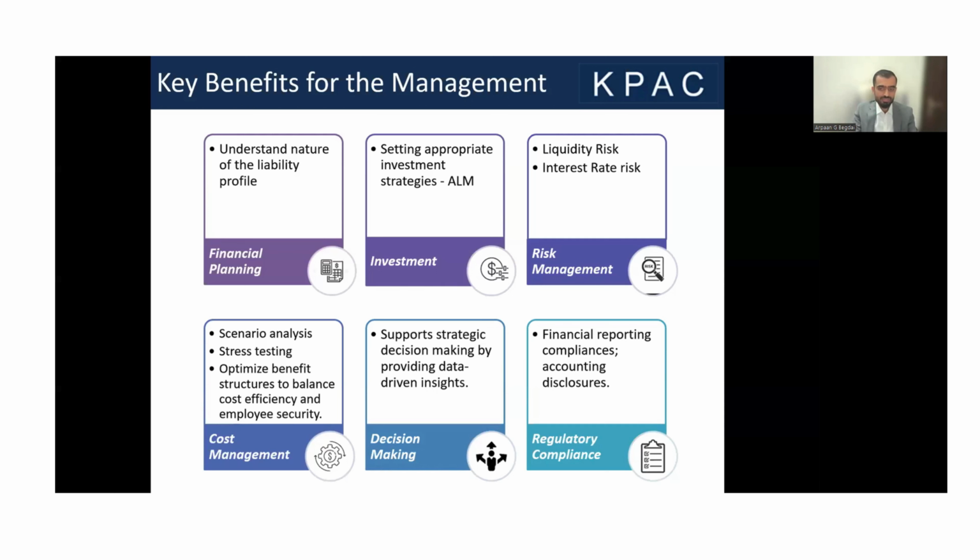But in case the employee benefit plan adopts a proper asset liability matching investment strategy, then it will ensure that both the assets as well as the actuarial liability move in a similar quantum. What it will do is it will help to protect the scheme funding position and also maintain the net balance sheet position, because the net balance sheet position will then more or less remain unaffected.